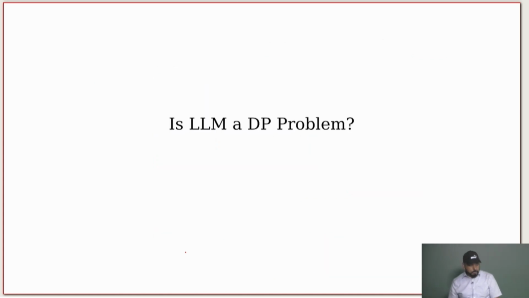Okay, now a bit of a diversion. So is a large language model a dynamic optimization problem or a sequential decision making problem? So first of all, what is a large language model?